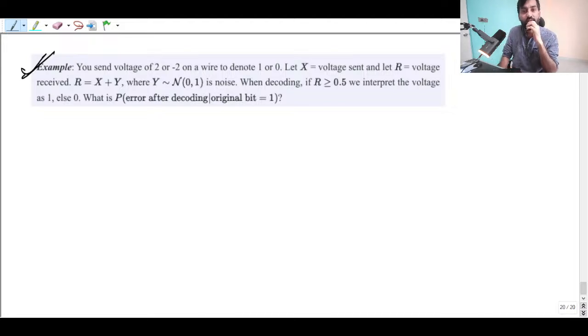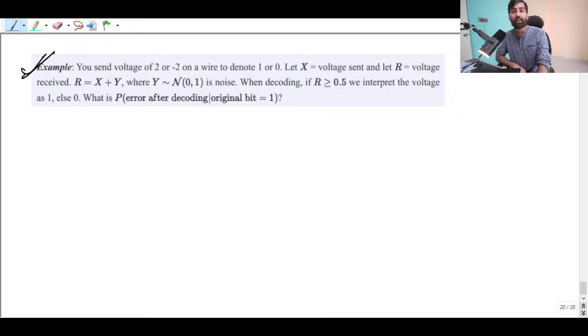So you need a voltage of 2 or minus 2 on the wire to denote 1 or 0. Whenever you send some signal, let's say you're sending 2 volt or minus 2 volt, but you're denoting it with 1 or 0 because you are using digital communication. So here the random variable is nothing but the voltage sent, you can say 1 or 0.